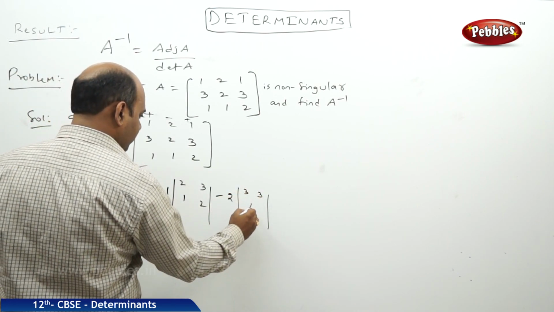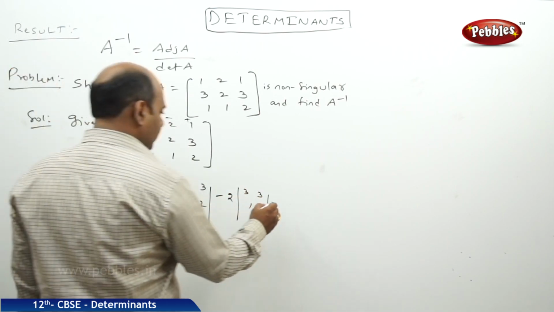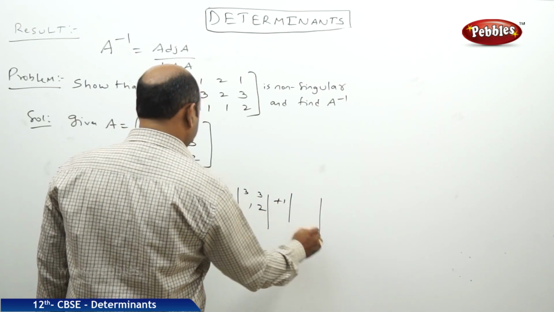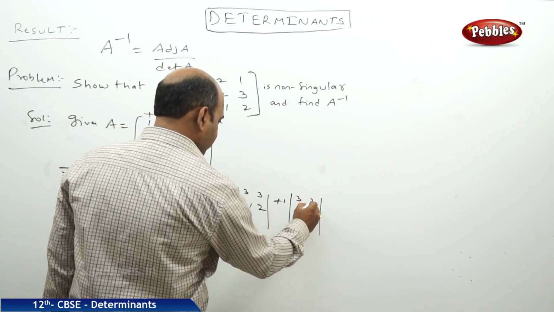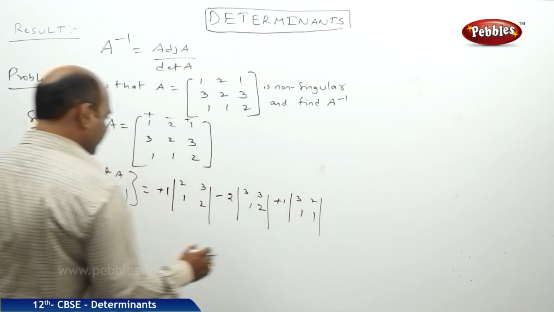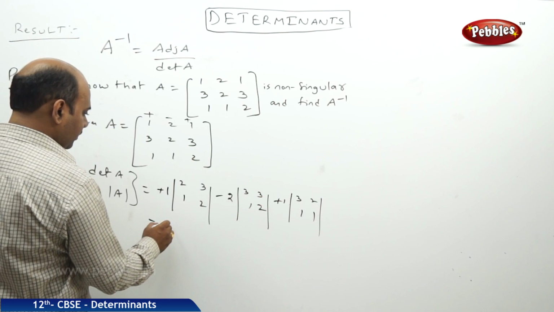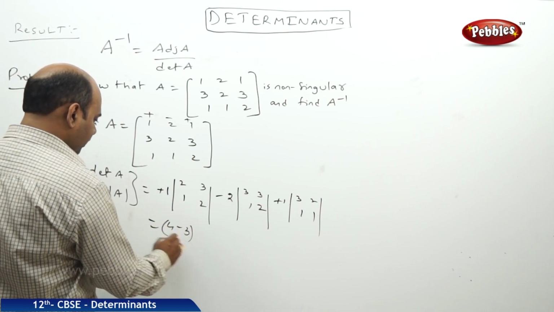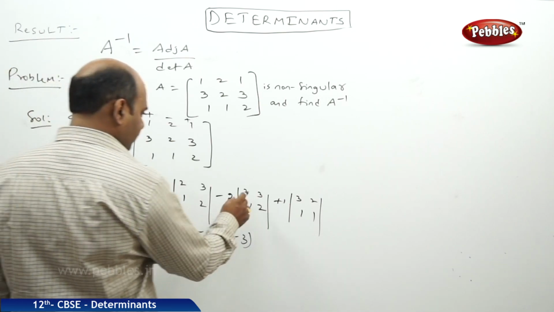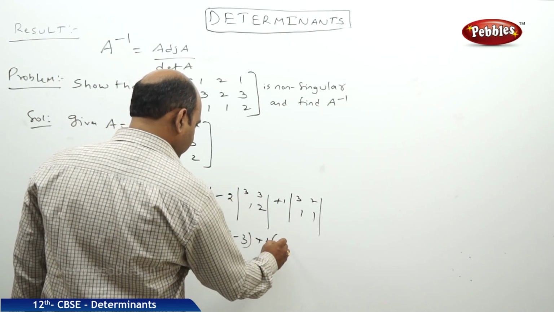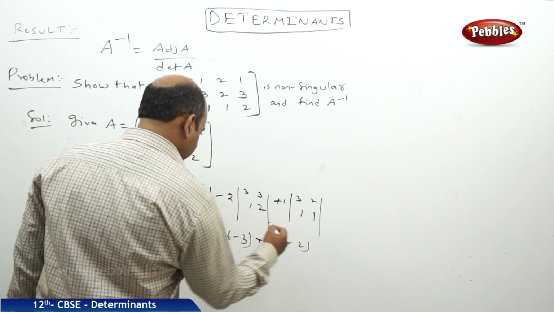So what is that? 3 3 1 2, and later here plus 1 into its minor. Plus 1 into its minor means 3 2 1 1. That implies 4 minus 3 minus 2 into 6 minus 3, and here plus 1 into 3 minus 2.